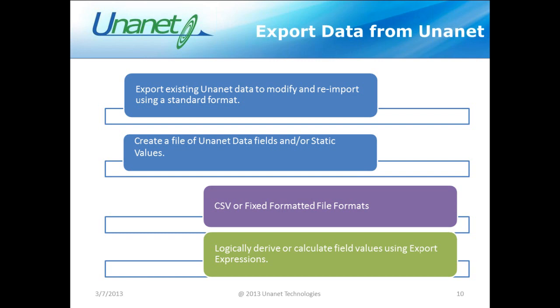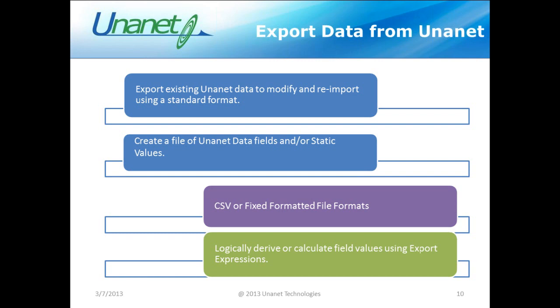With the integration to another system, we do have a number of options when you're creating an export template that would allow you to build data into either a CSV, which is a comma separated value file, or a fixed file format, and you can use logic to calculate or derive information to send out in an export as well.